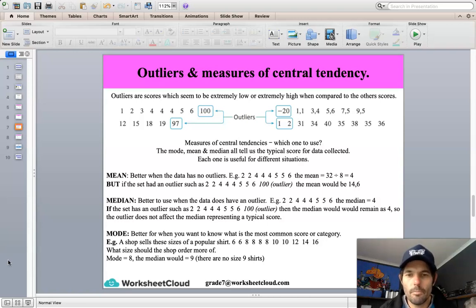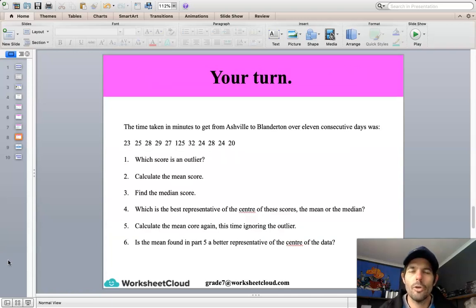So if you have a look, the mode is going to be 8 because 8 occurs the most often. But if you had a look at the median, it is going to be an answer of 9. Okay, and there are no shirt sizes being sold that are 9. So clearly your best option there is to use the mode. Okay, so I hope that makes a bit more sense for you guys when to use which measure of central tendency. And let's go on to where I want you guys to have a turn.